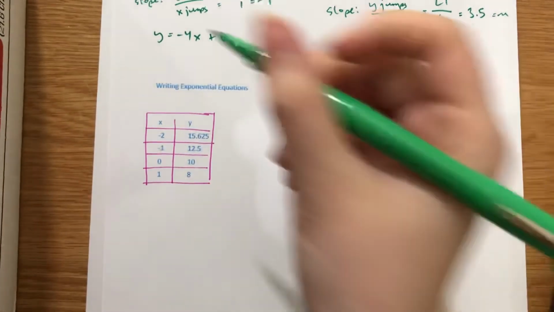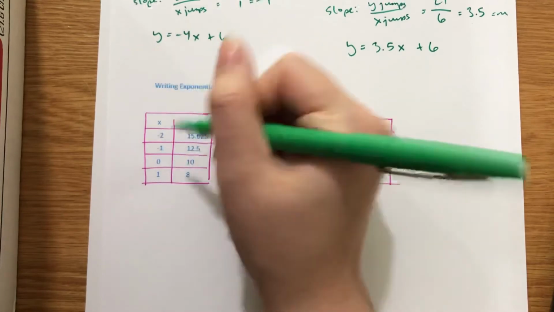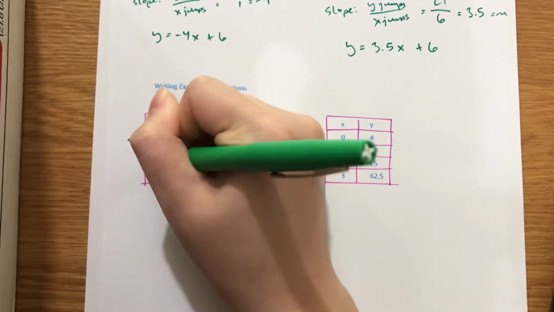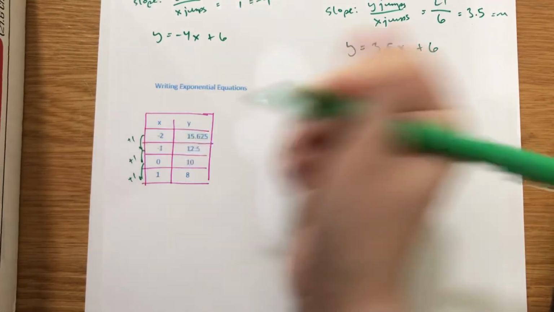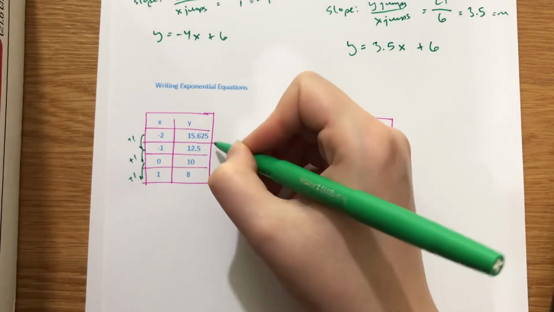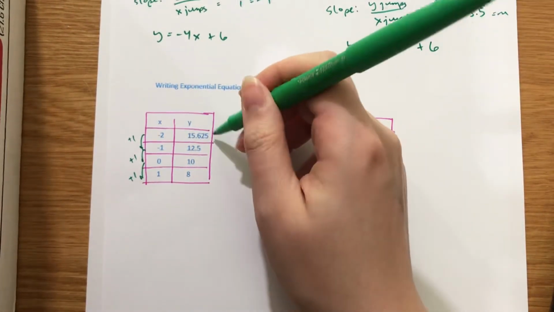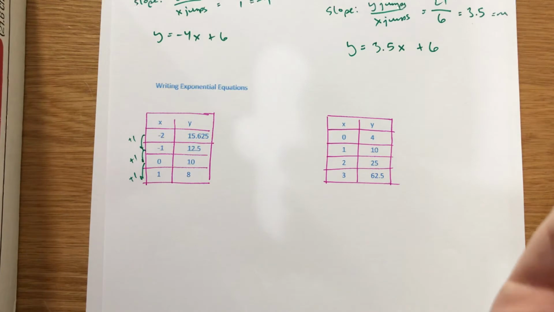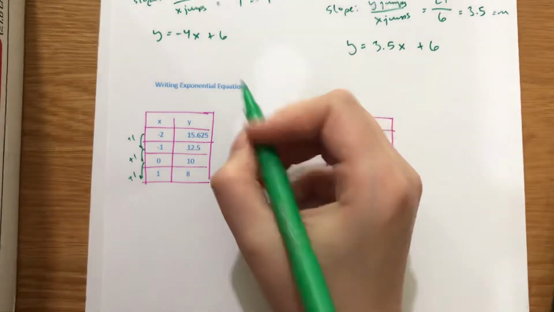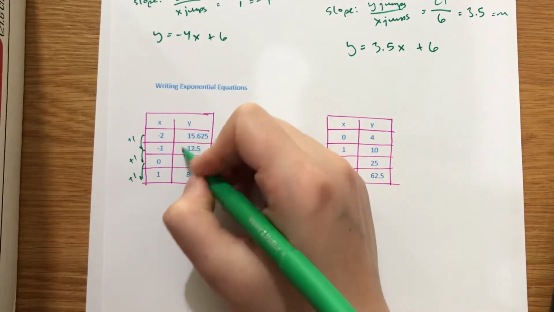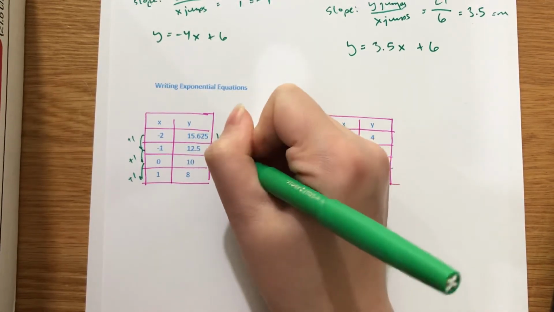So check the jumps on the left. Just make sure they're consistent. -2 to 1, add 1, add 1, add 1. We're good to go. So this is the exponential section. You can tell that this one's going to be exponential just from the way it's behaving on the table. So remember to check for exponential, do your number divided by the previous number to find what you multiplied by.